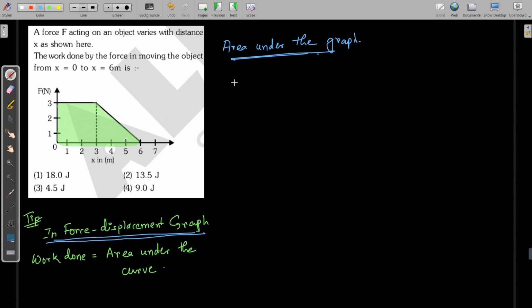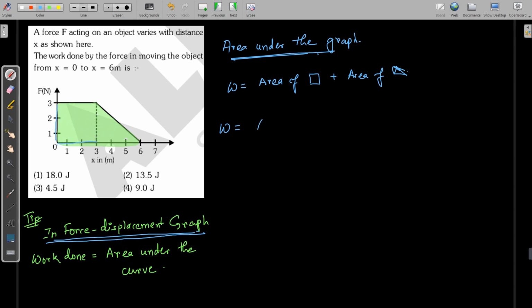So here we can see, total work done will be the area of the square part plus the area of the triangular part. What is the area of the square part? Can you see 0 to 3 and here also 0 to 3.